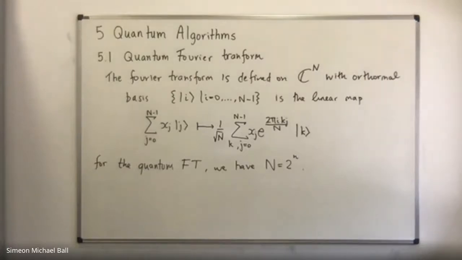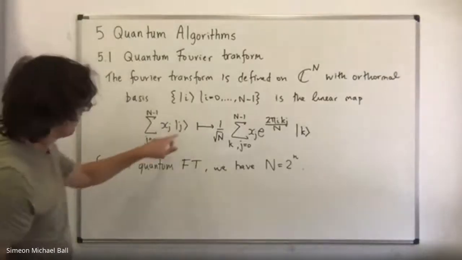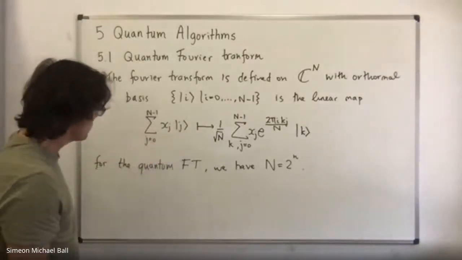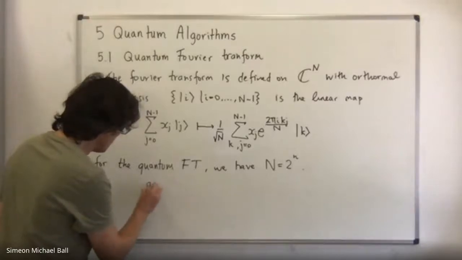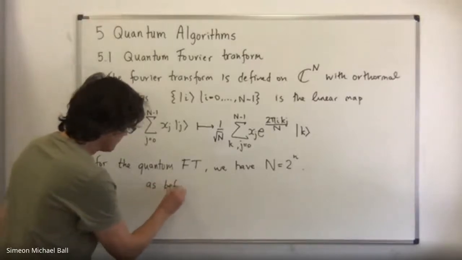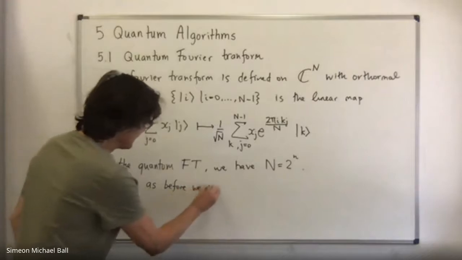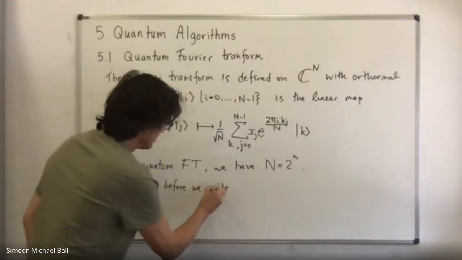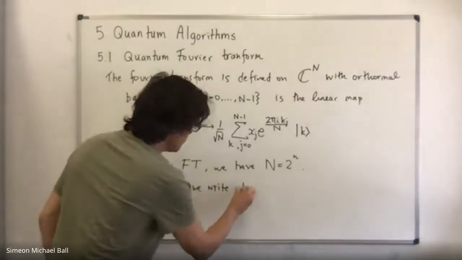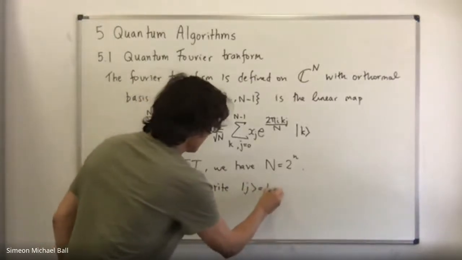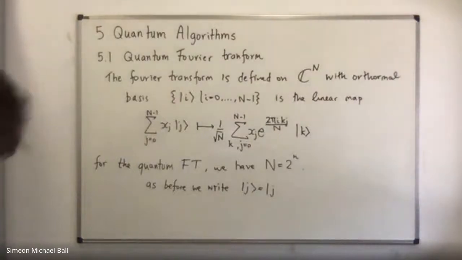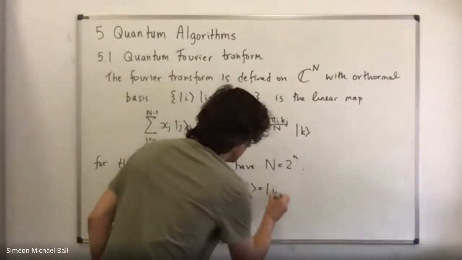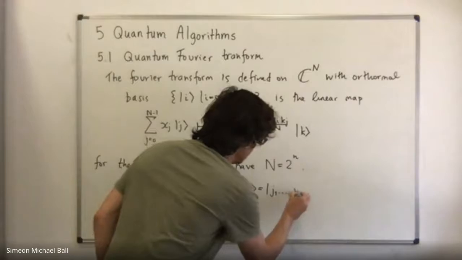Okay, so what we've been doing for our j is, as before, we write j as a binary string. So this would be j_1 to j_n.